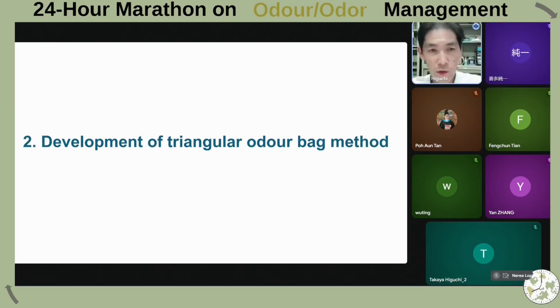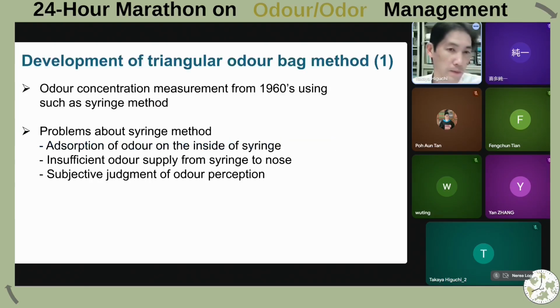In order to obtain odor index or odor concentration, triangular odor bag method is used in Japan. So next, I will introduce the development of triangular odor bag method. In Japan, sensory odor measurement started around 1950s or 1960s.